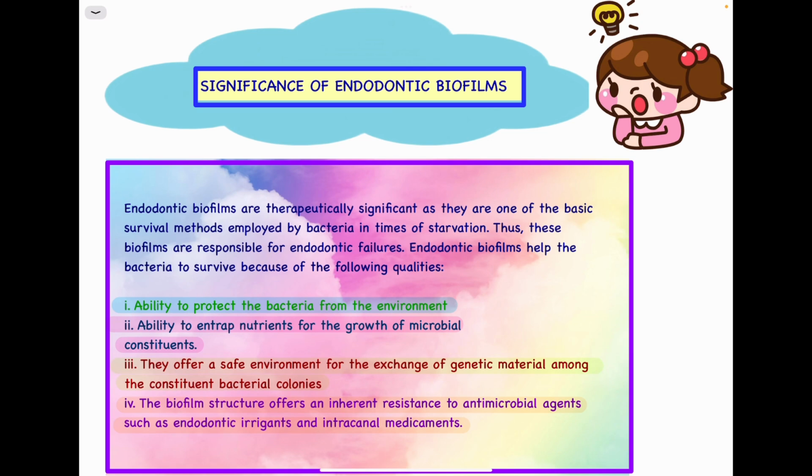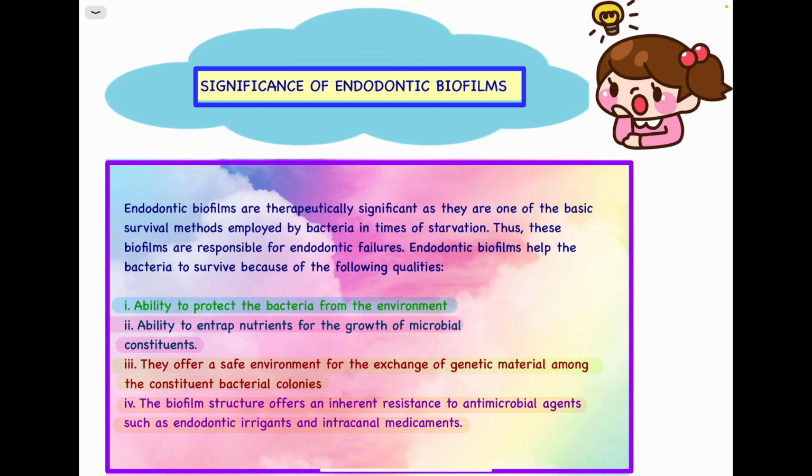Now these biofilms basically help the bacteria to survive because they have certain qualities. There are certain advantages which are provided by the biofilm to the bacteria. The first one is the ability to protect the bacteria from the environment. As we know, saliva naturally contains various enzymes like lysozymes, it has antibacterial action, so it will eventually kill these bacteria. But when there is a biofilm, it's like a protection around the bacterial surface.